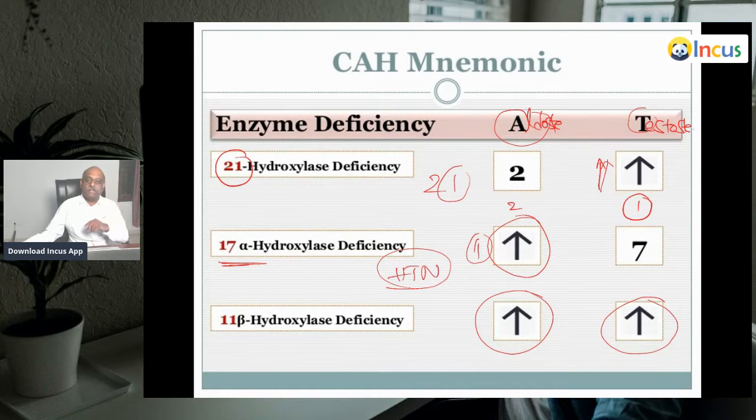Because aldosterone is elevated, typically they will have hypertension. Because testosterone is elevated, if it is a female child, then they will have clitoromegaly and ambiguous genitalia. That is what you need to remember.